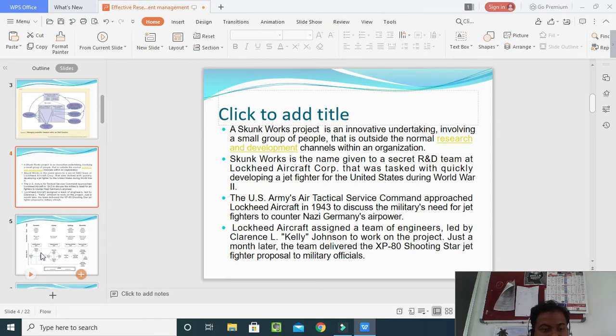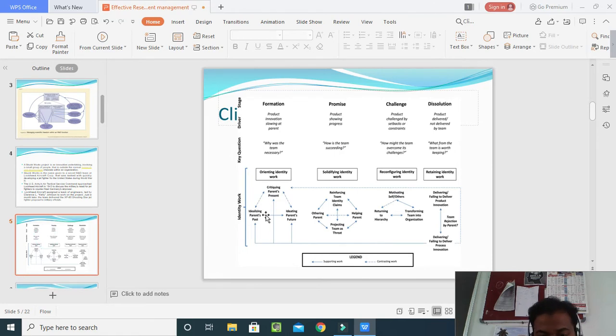Here is the project legend. If you see on the screen, how the orienting identity work is taking place, how the solidifying identity work, the reconfiguring identity work, and the retaining identity work are taking place. So product innovation: why was the team necessary?